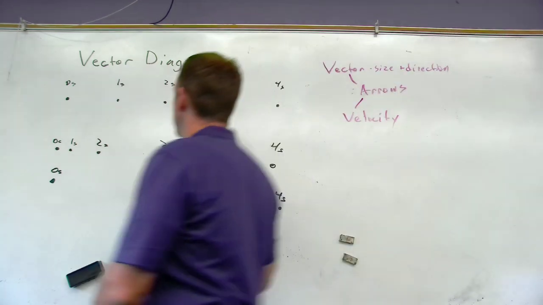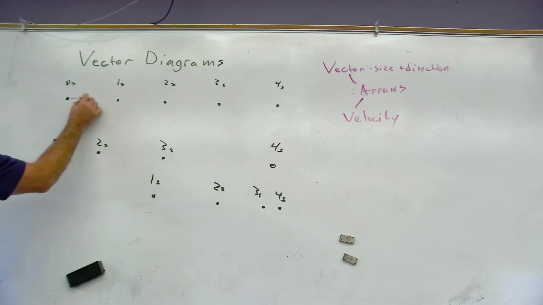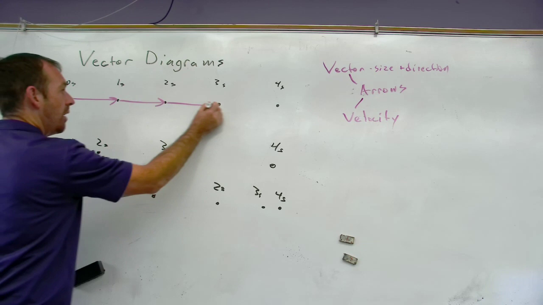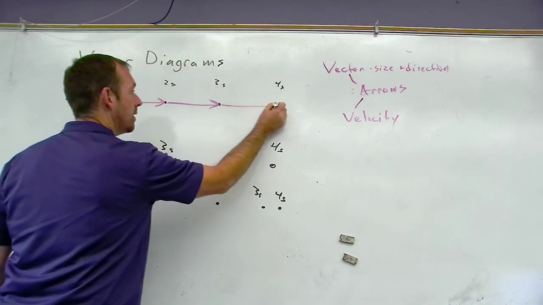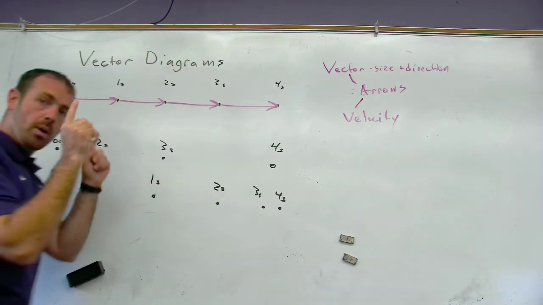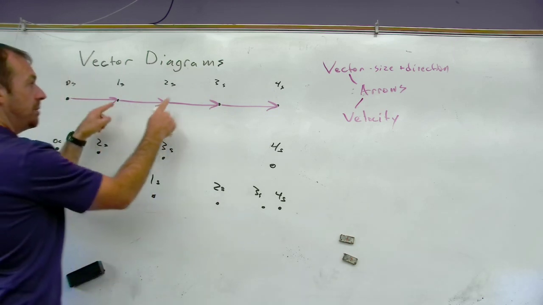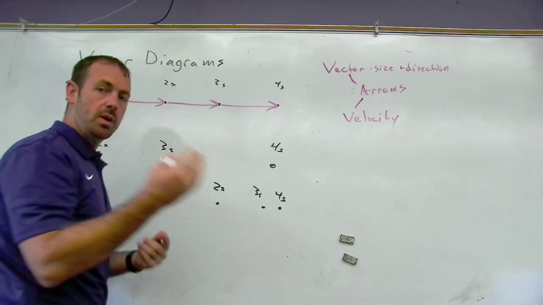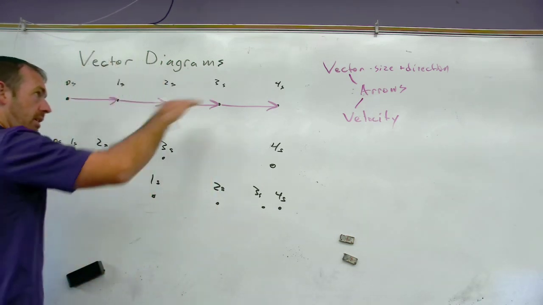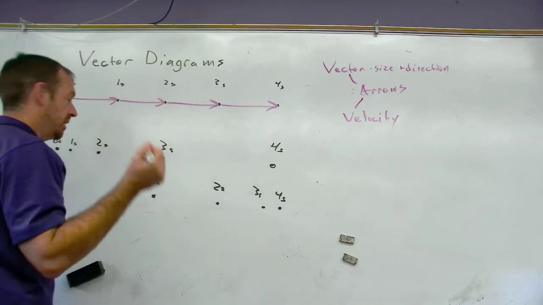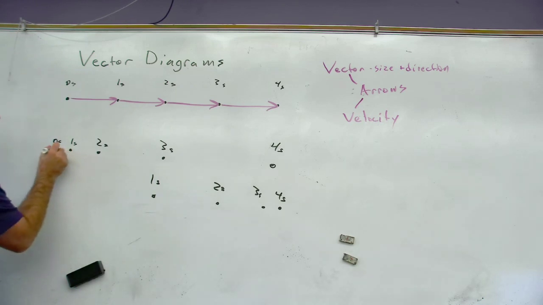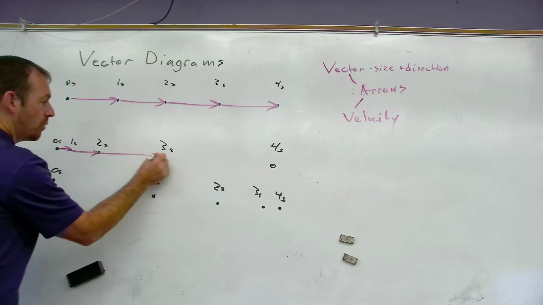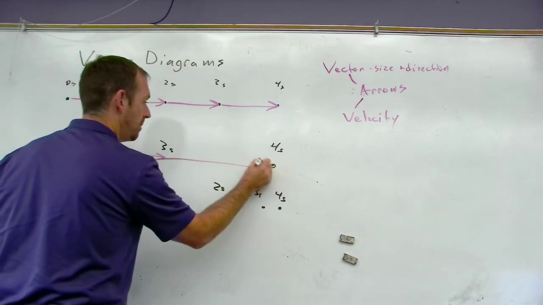So if we jump over here, if we would show velocity as this arrow, we would take a look at this, and you'll notice that the arrow that we're using to show the vector is pointing that way, and it's staying the same size. So velocity is staying the same size and the same direction, so we can see that the vector or the velocity is staying the same. Likewise, we could do that down here. If we showed velocity as an arrow, we would show the direction of this arrow is staying the same.